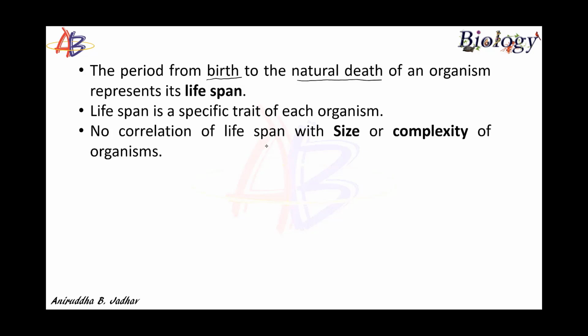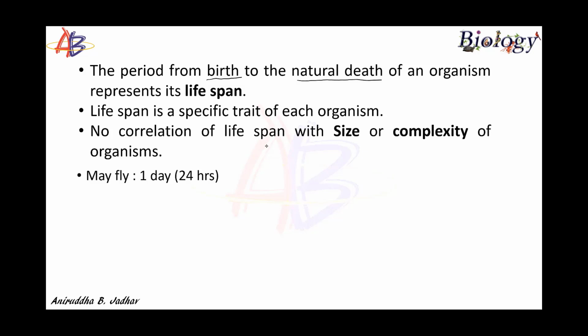So we should not consider size and complexity. We should not give weightage to these two criteria while estimating the lifespan of any living organism. It is not related to it, right? We will consider more examples in a later part.